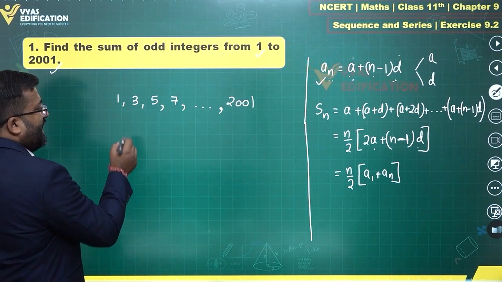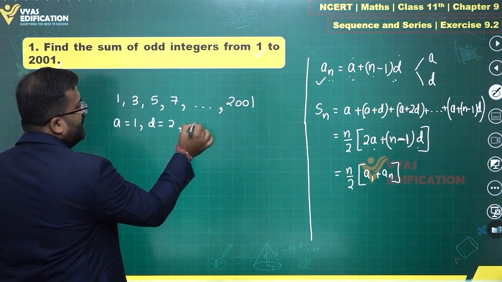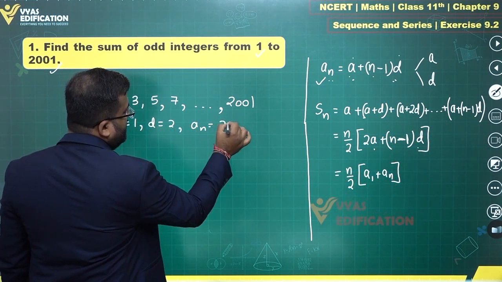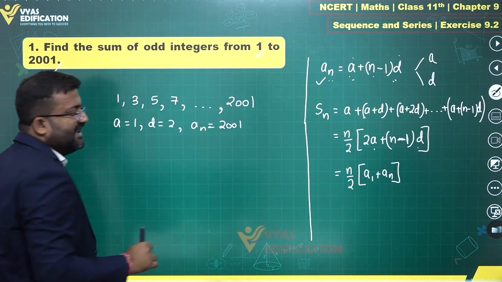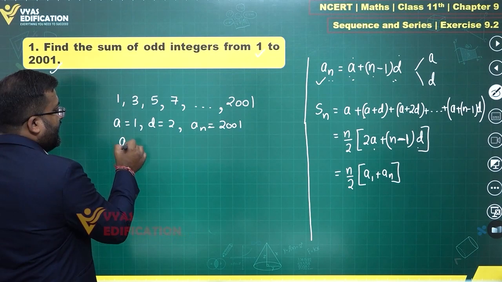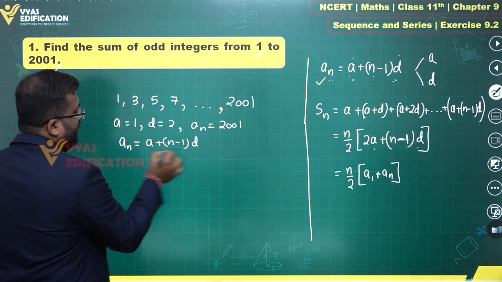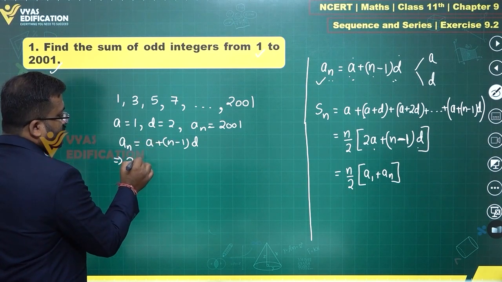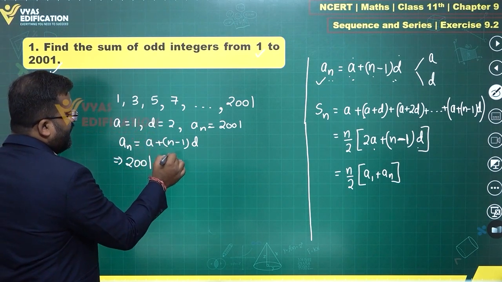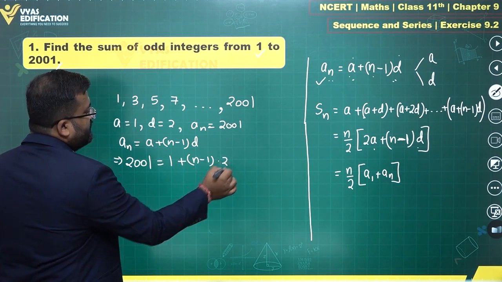So from here, I can observe that a is equal to 1, common difference is equal to 2, an is equal to 2001. Once I observe these few things in this sequence, I see that an can be written as a plus n minus 1 d, or I can replace an by 2001, a by 1 and n minus 1 times common difference, which is 2.